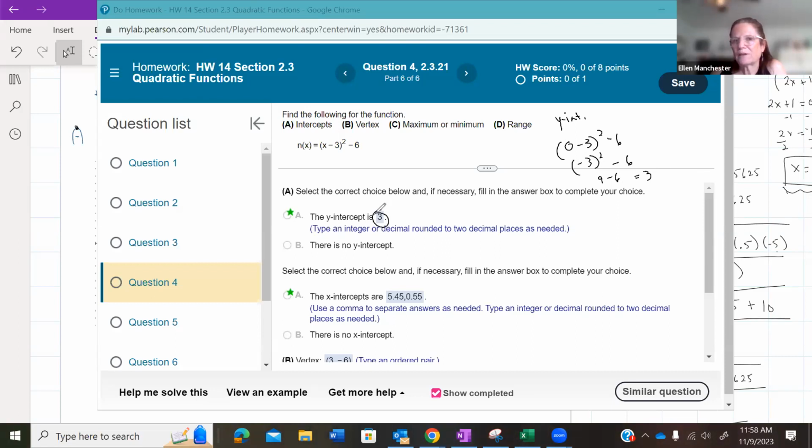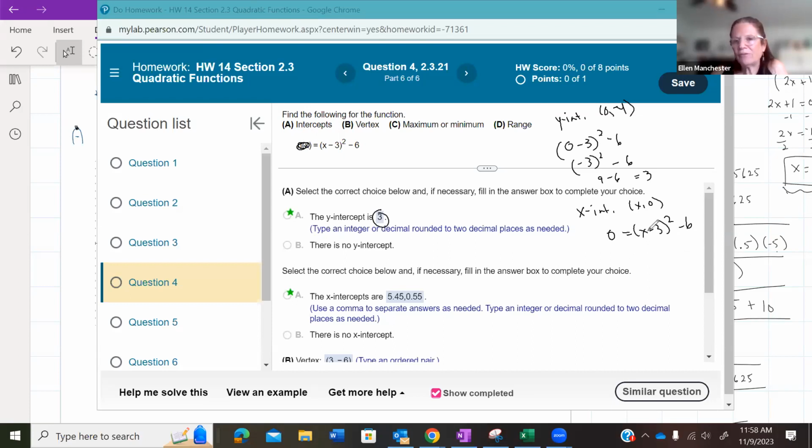So for the Y-intercept, you replace the X with 0. To find the X-intercepts, you replace the Y with 0. Remember, this is another way to say Y. So it's 0 equals (X - 3) squared minus 6.